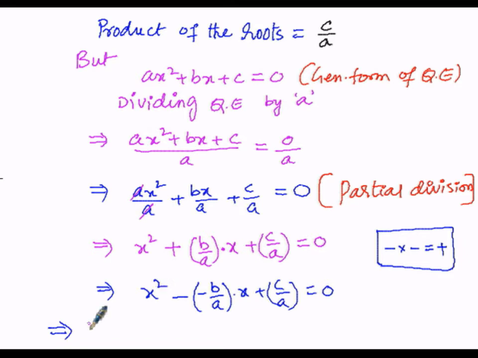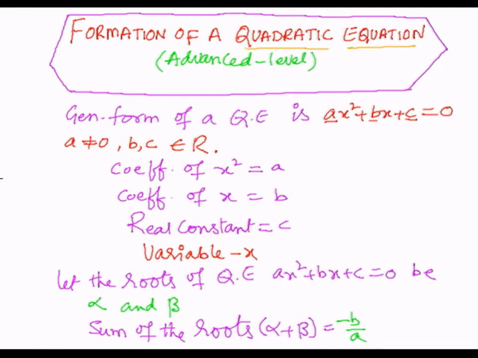So that implies x square is written as it is, minus b by a. Here minus b by a within brackets is nothing but the sum of the roots, in other words alpha plus beta.